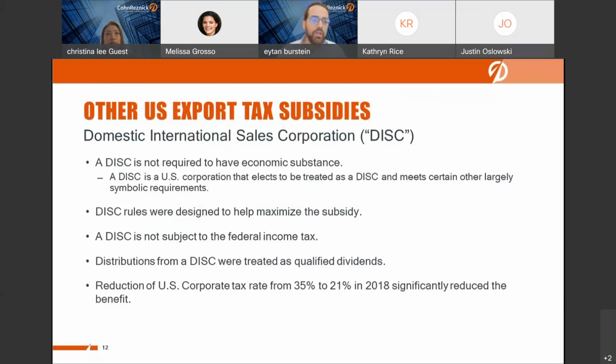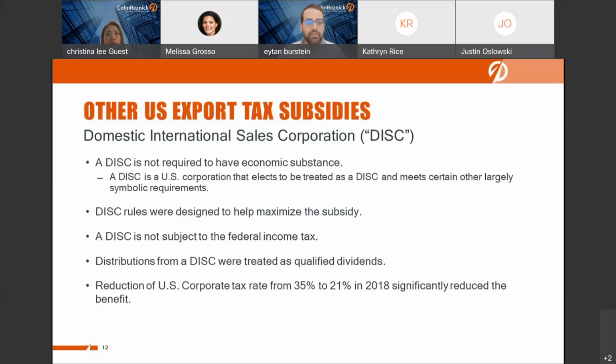It essentially derives its income from the sales and services of a U.S. exporter of sales, and the commission income is either the higher of 4% of gross export sales or 50% of taxable income. The DISC is not subject to federal income tax, and typically shareholders of DISCs receive the profits of the DISC through a qualified dividend.